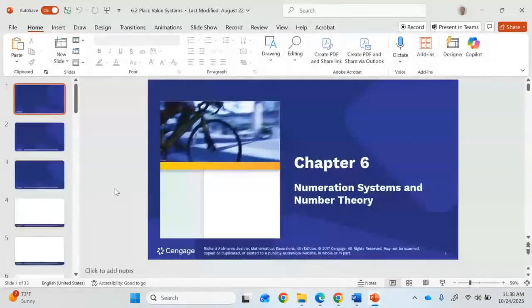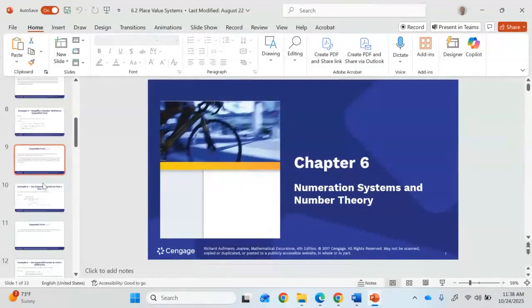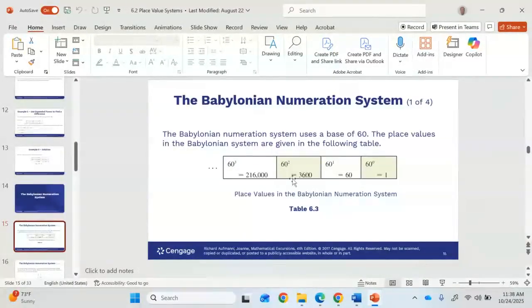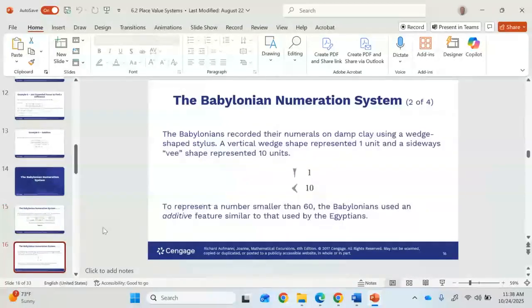In section 6.2, you learn precisely this: the table is telling us that those are the place values. So from right to left, it's increasing in powers of 60. And then we also have that vertical wedge that represents a 1, and the V, or an arrow, as my students sometimes call it, is 10.